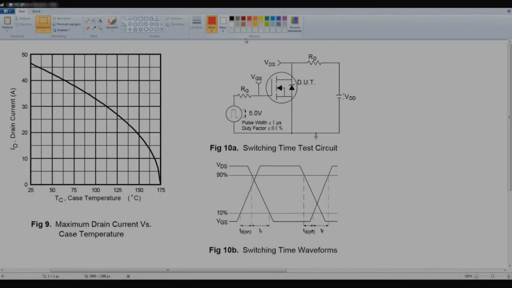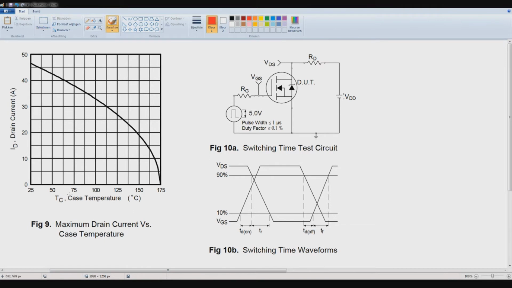So here's figure 9, which is the maximum drain current versus case temperature. And the drain current starts over here at a little bit above 45 amps at nominal voltage, nominal temperature, and then you see over here is a rapid decrease.